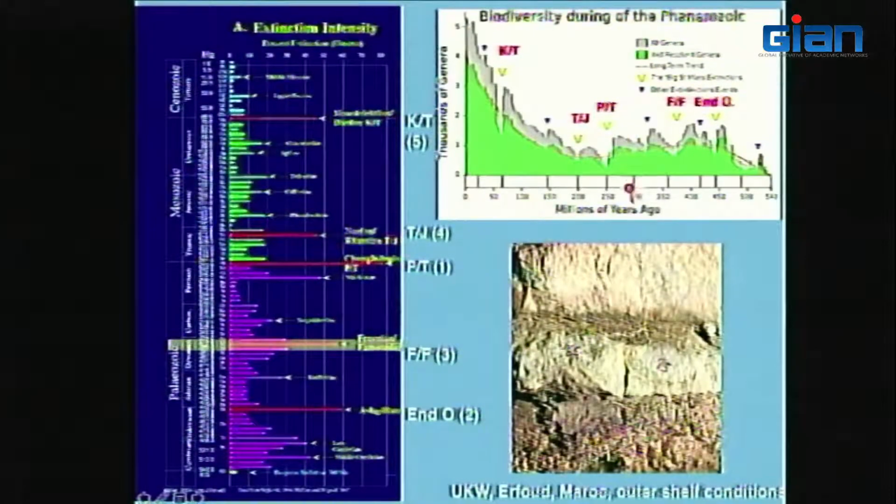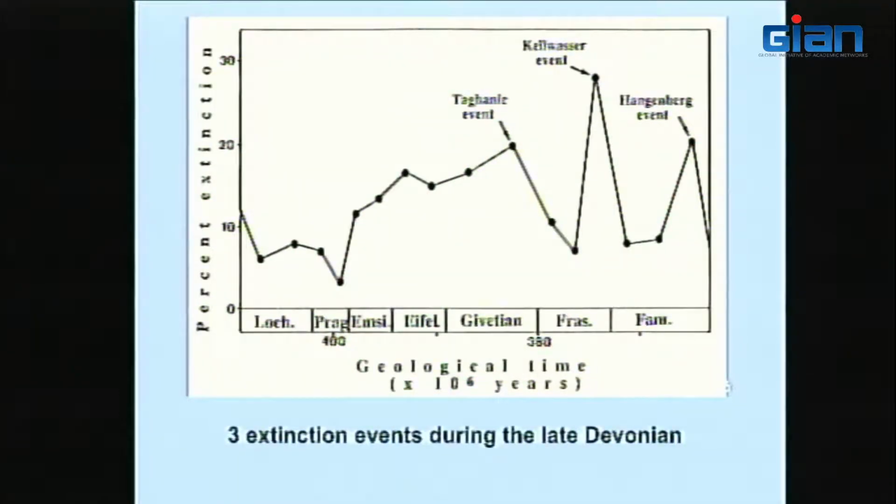And if we take the biodiversity during the Phanerozoic, this mass extinction is just here, okay? This is the Frasnian-Famennian mass extinction. So in fact, the end of the Devonian was marked by three extinction events.